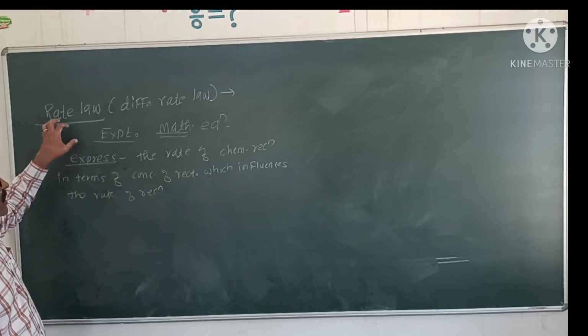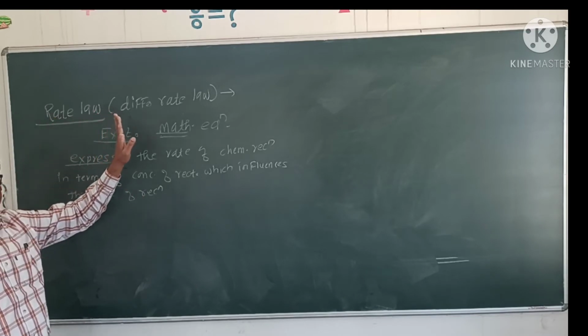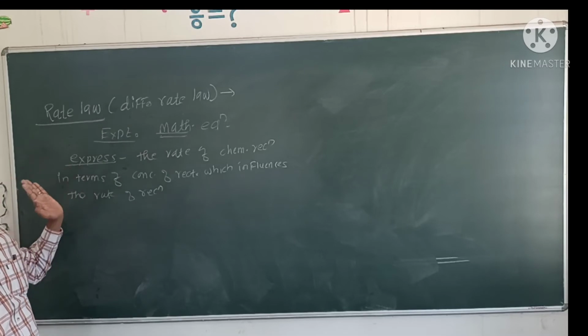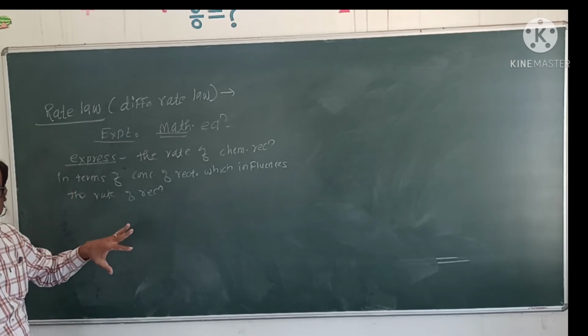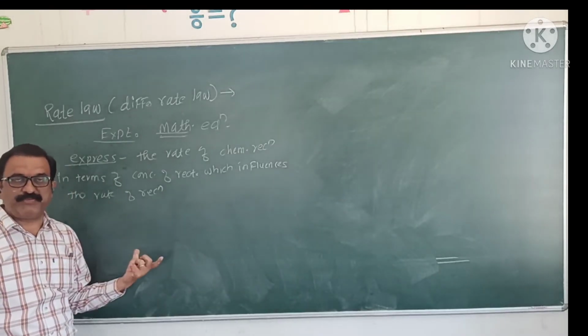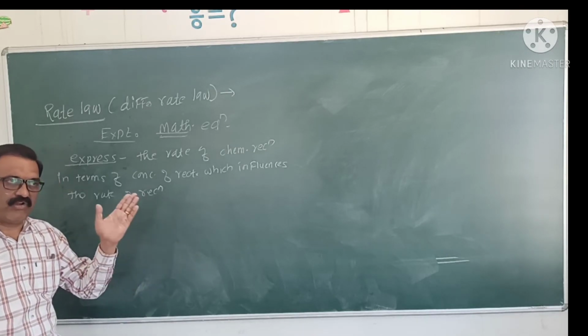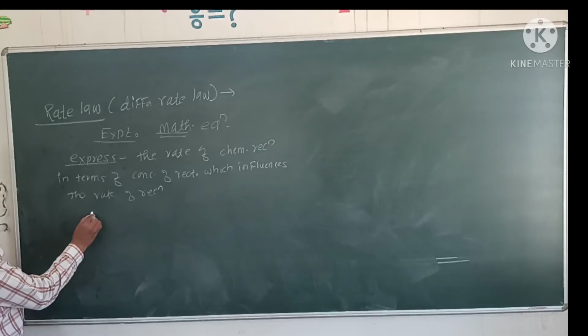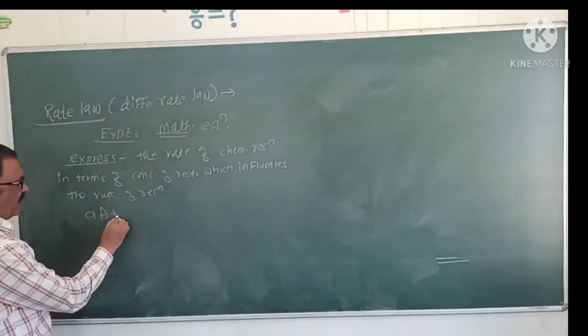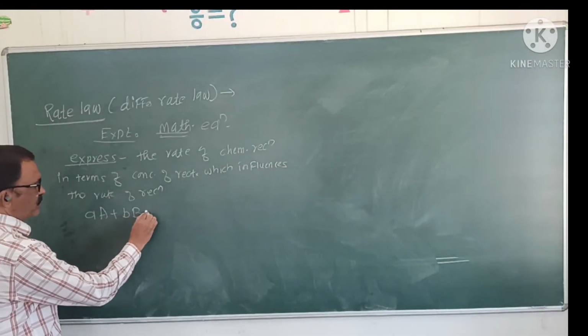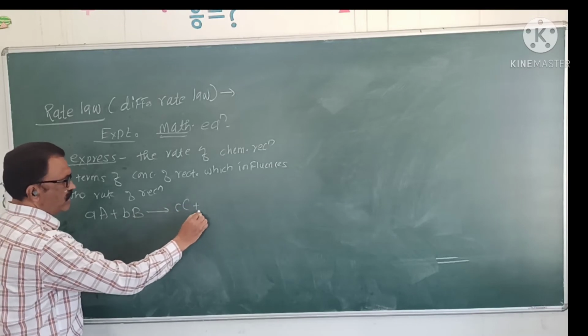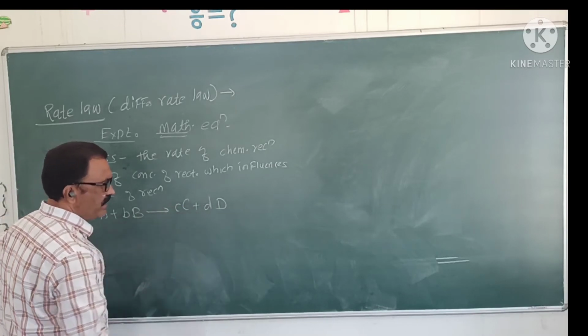It gives a relationship between the concentration of reactant as well as the rate of reaction. For this purpose, consider a general chemical reaction aA plus bB gives product cC plus dD.